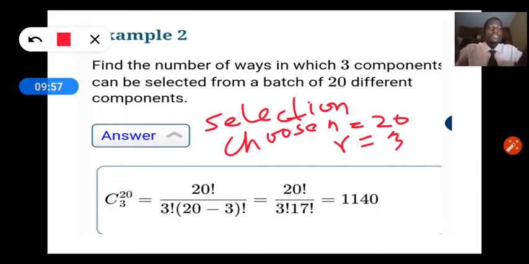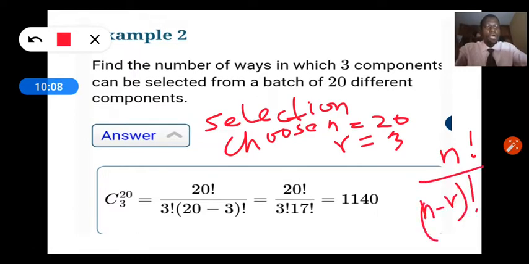So let's quickly simplify this now using the formula. Very simple. We all know the formula now. Combination is n factorial over n minus r factorial times r factorial. So n is 20, r factorial is 3 factorial, and 20 minus 3.